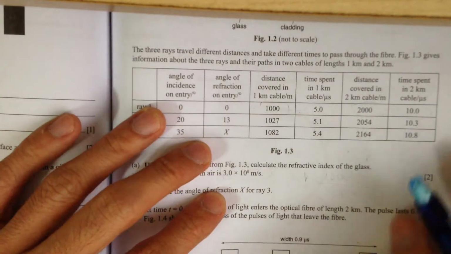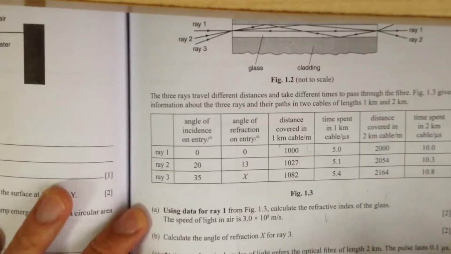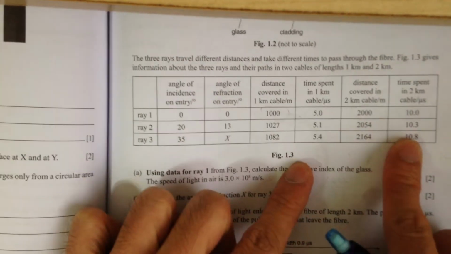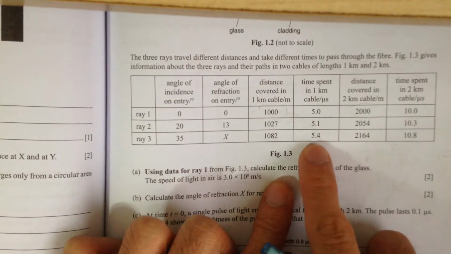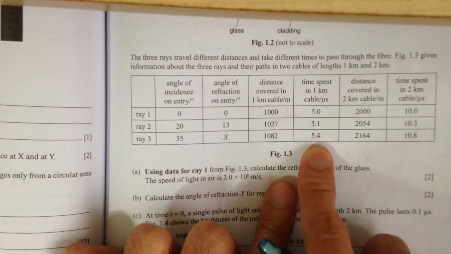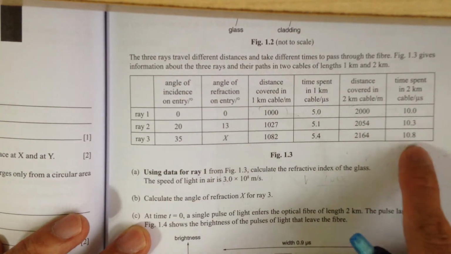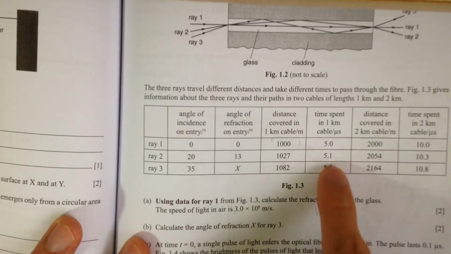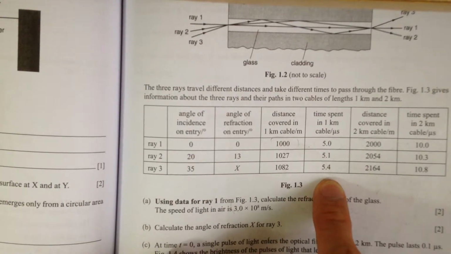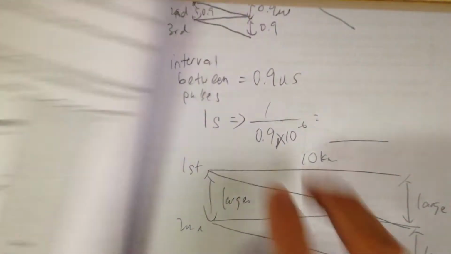So for this question, it's a little bit simpler once you know how to do the previous part. Since this represents the 3 pulses in 2 km, if it is 1 km, it will become these 3 pulses. So if it is 10, 10.3, 10.8 for the 2 km pulse, then 5, 5.1, and 5.4 will be for the 1 km pulse.